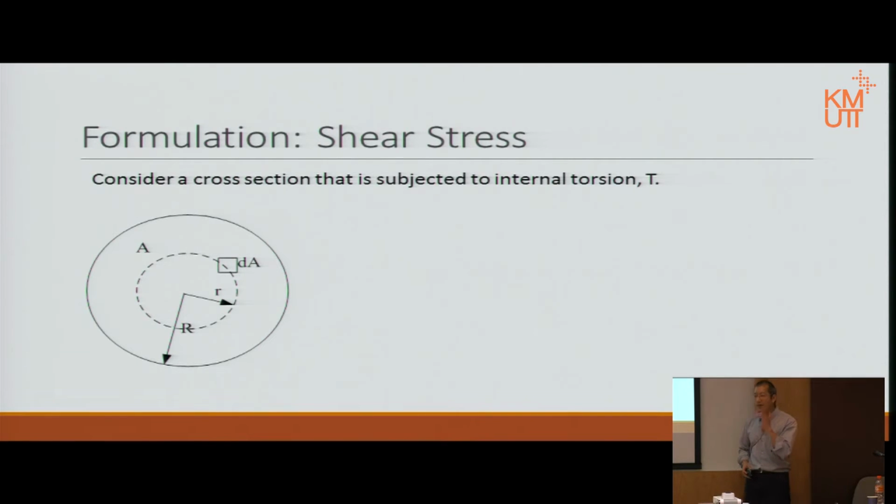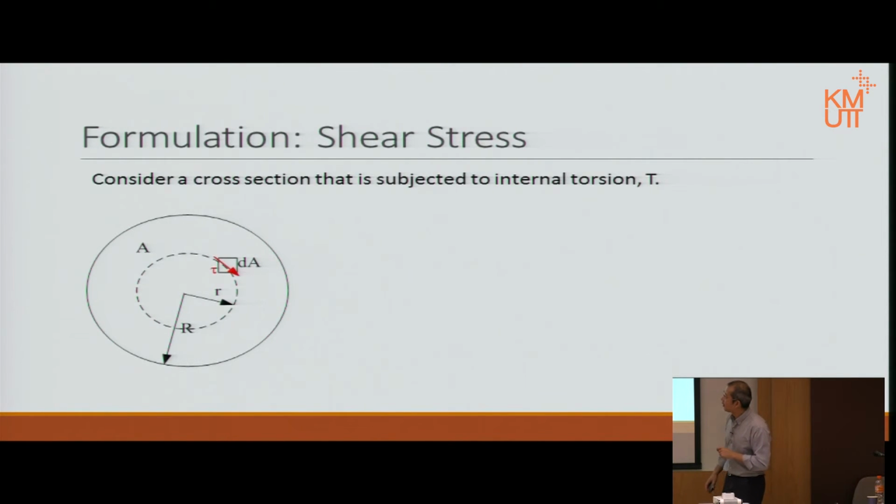Therefore, the measurement this time will be measured as a radius from the centroid. So we indicate dA, lying on a radius that we call little r. It could be anywhere on that dotted circle, as long as it has the same radius from the centroid.